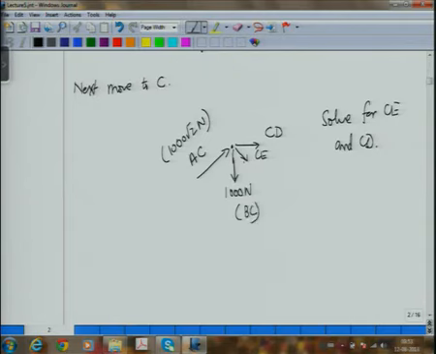So, this is CE, that is CD, and you will get CE is equal to 0 and CD is equal to minus 1000 newtons. So, that means CD will be 1000 newtons compressive.